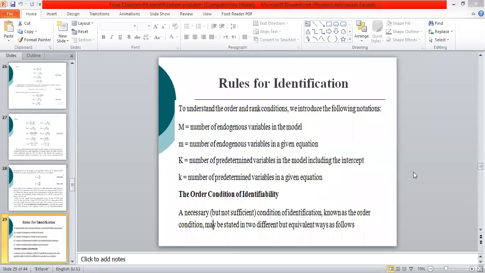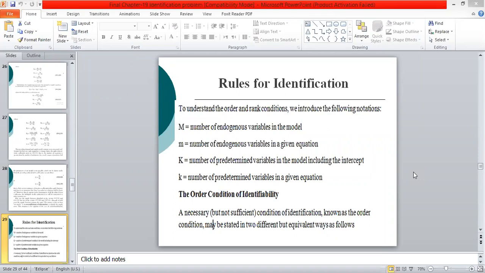We have already discussed various approaches and techniques to identify the equations, and these techniques include reduced form equations, mongrel equations, and graphical interpretations. In principle, it is possible to use the reduced form equations to examine the identification of any equation.